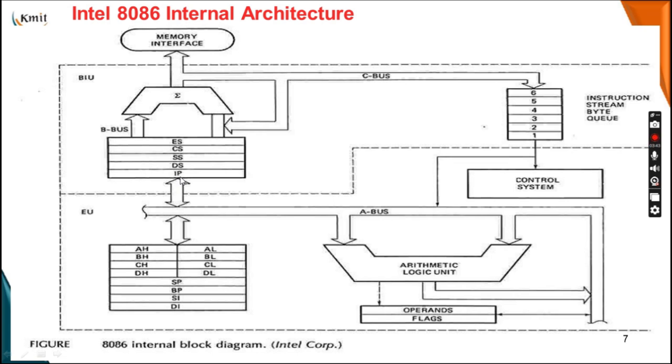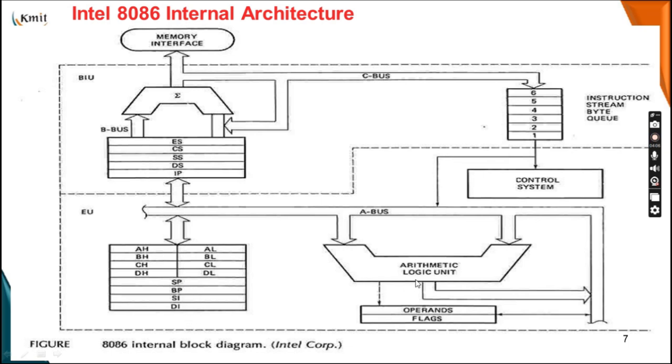And IP, the instruction pointer, is called the offset address. These are the physical addresses, and this is the offset address of the code segment. Like that we have other offset addresses like SP, BP, SI and DI, which we'll be discussing in the registers.